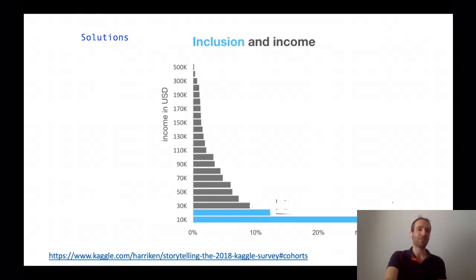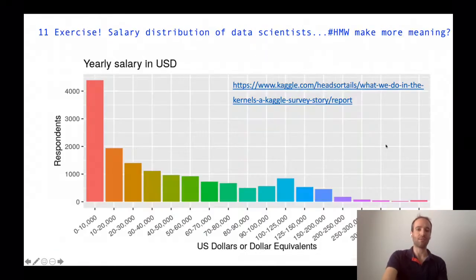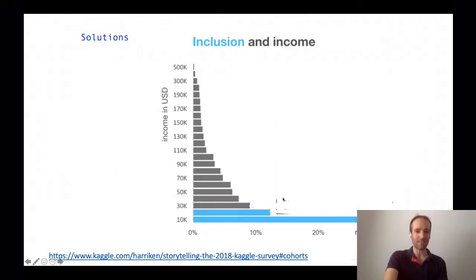Here, what we did is we reduced the number of colors to reduce the information overload. And now we kind of flipped the chart, and the income is here, right? So higher income at the top, gravity metaphor. And here we put a percentage of respondents instead of raw numbers of respondents. We put percentage, right?